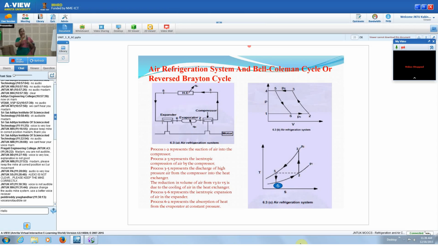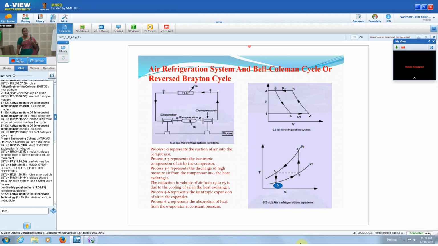Then 5 is the point where it goes into the expander, that is the inlet to the expander. Then 5 to 6 is expansion in the expander. With that expansion, the pressure is reduced to P1 again and the temperature is also reduced.